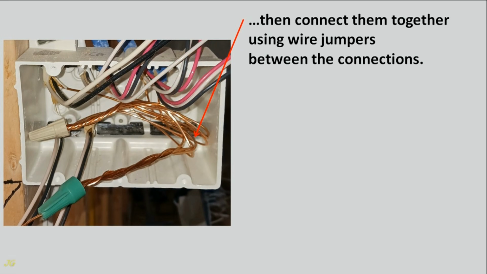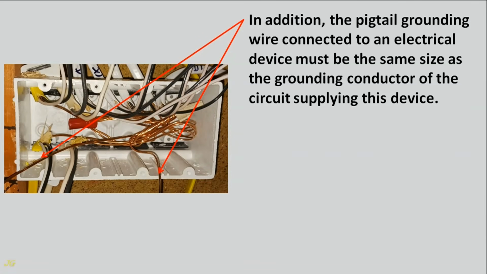Then connect them together using wire jumpers between the connections. In addition, the pigtail grounding wire connected to an electrical device must be the same size as the grounding conductor of the circuit supplying this device.